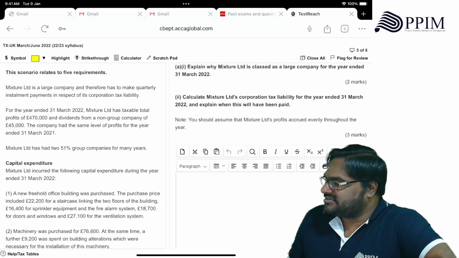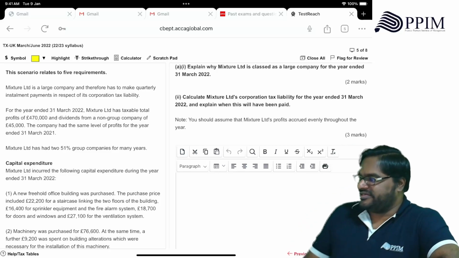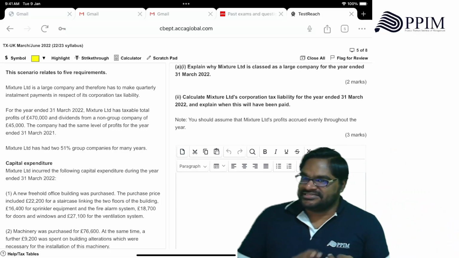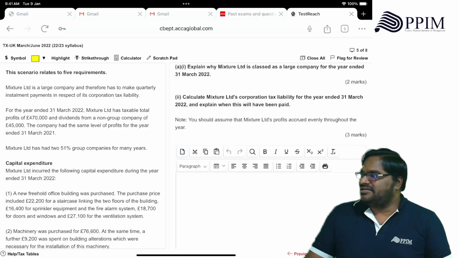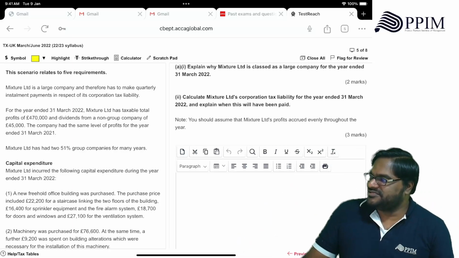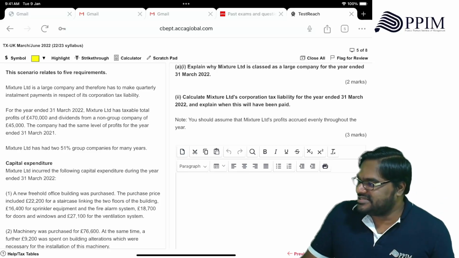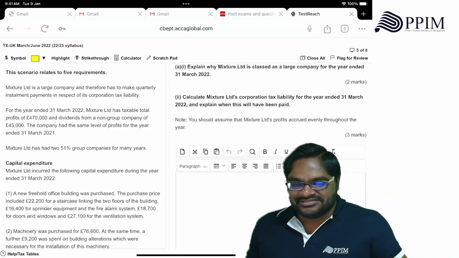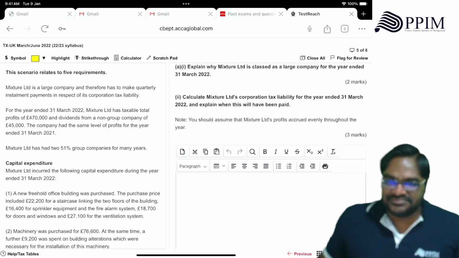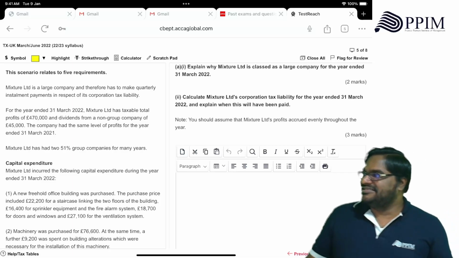Sachin's answer on corporation tax liability: since it's a large company, that is also fine, good answers. Arshad, your answer is also good, just incorporate the dates as well, then it will be a perfect answer. Can I move on to the next one?